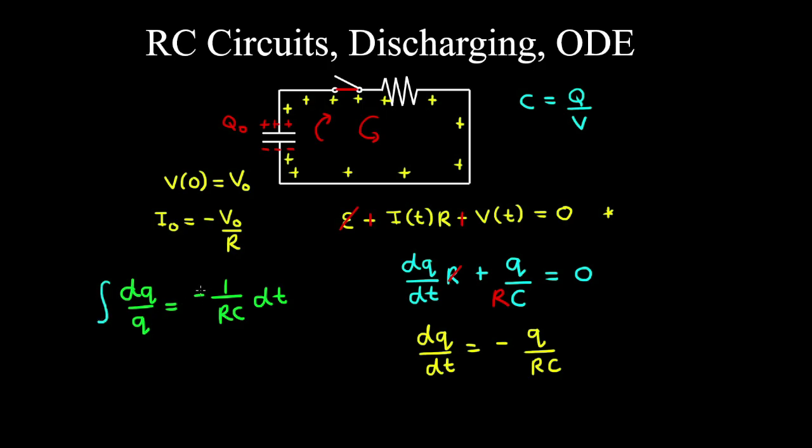And then integrating both sides, we get the natural log of q is equal to minus 1 on RC by time t plus a constant of integration.